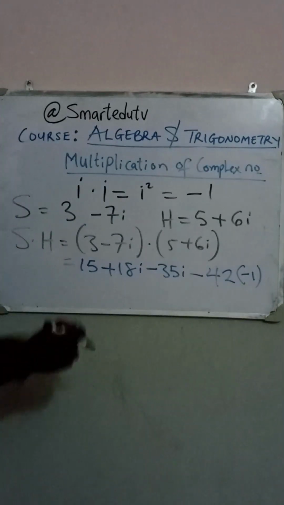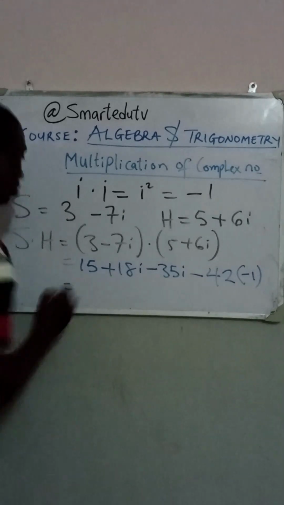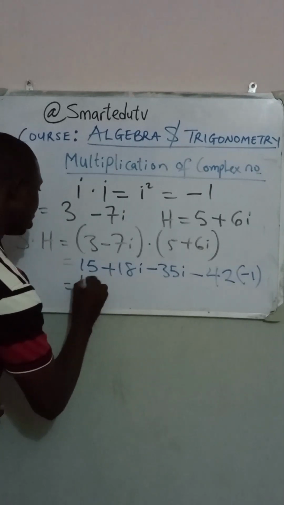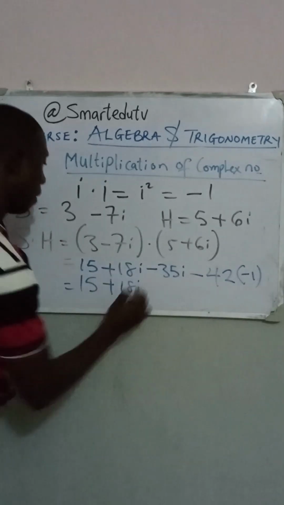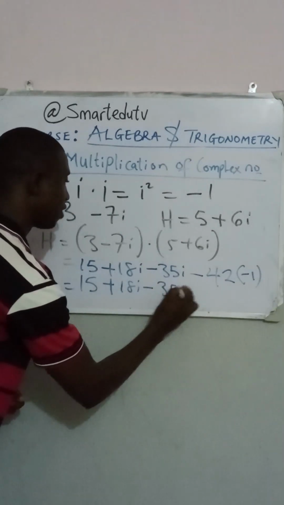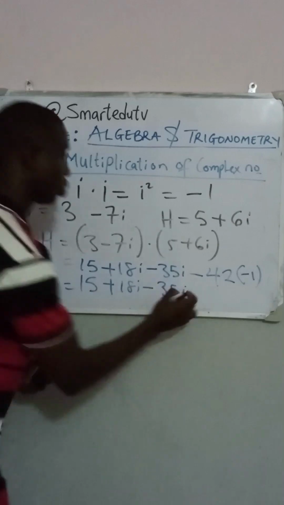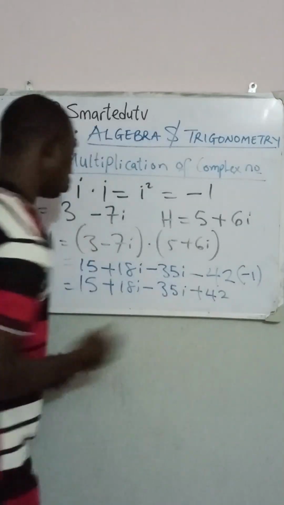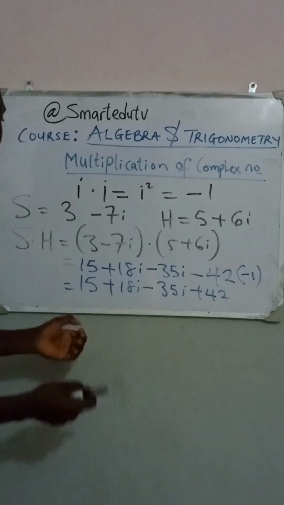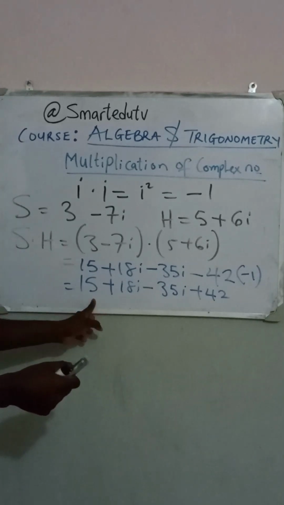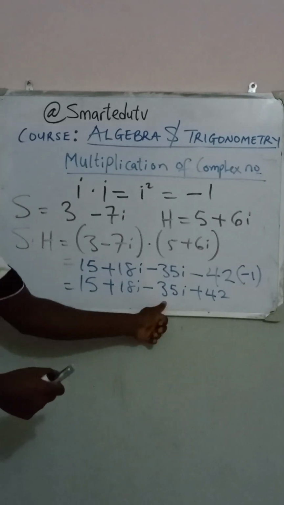Is that correct? So if I evaluate this, I'm going to have 15 plus 18I minus 35I, and minus times minus gives us plus 42. So here I'm going to combine the real part together with the real part, and also the imaginary part together with the imaginary part.